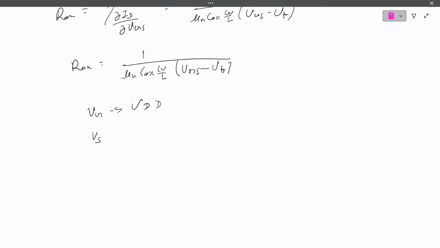For VS, let's assume there is an NMOS switch. For the sample and hold circuit I'm taking the switch as an NMOS circuit. NMOS is a switch circuit. So Vn, right? Let's put this value in the Ron.